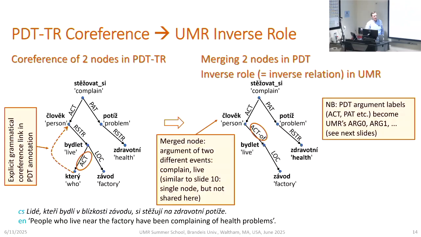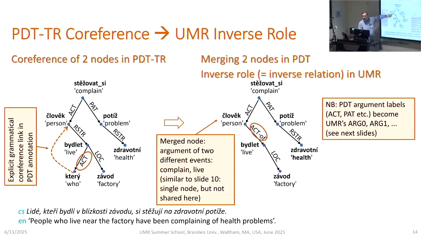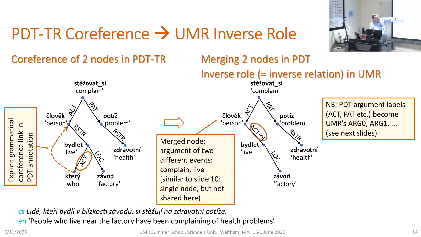by way of inverting the relation, which originally was just two subtrees in the Czech or PDT style annotation. Okay, so this is a similar sentence which has two predicates, to complain and to live. The same person is the actor or argument 0 of both, and the solution of UMR is that I'm still using the actor label, but the person is an actor of complain, but also, by the reverse label, the person is the actor of live.